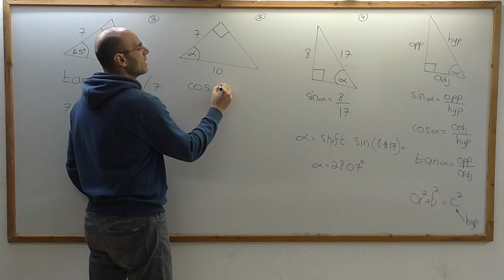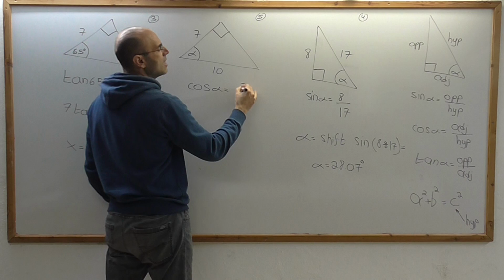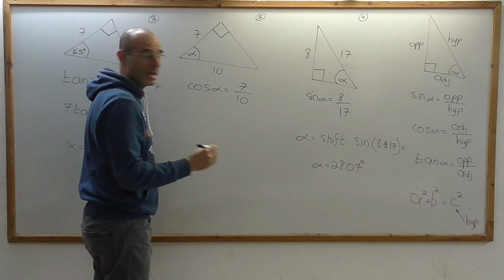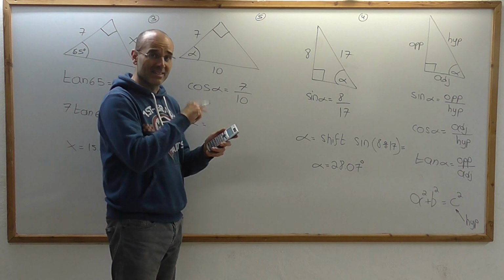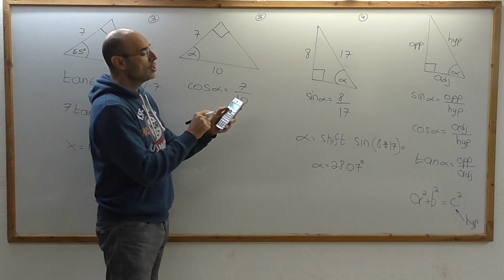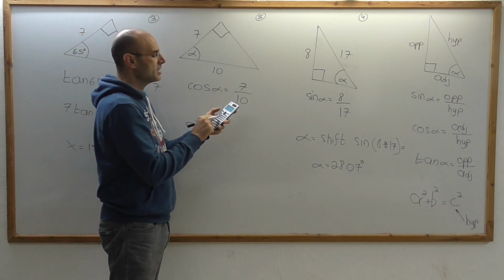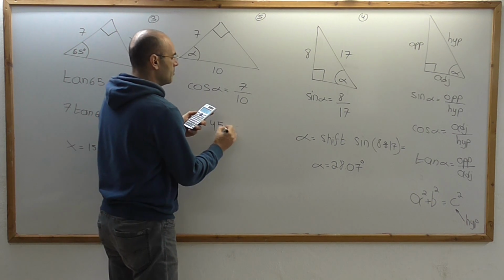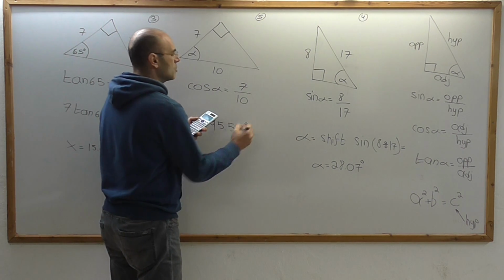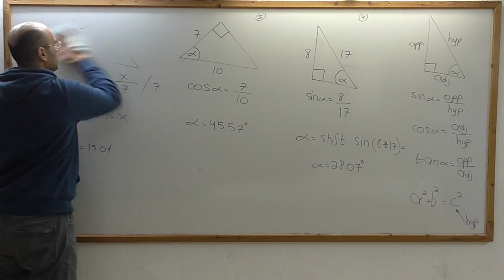So cosine alpha equals adj over hip. I want the angle, so I do shift cosine 7 over 10 in the calculator. You should get 45.57 degrees. One more.